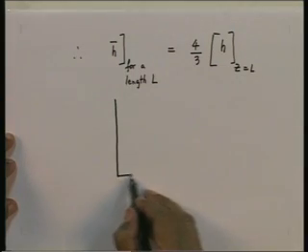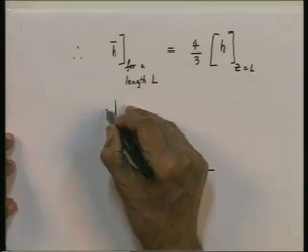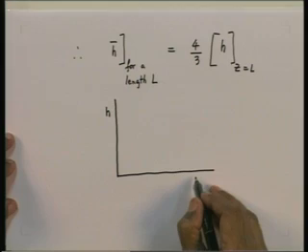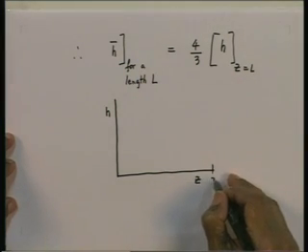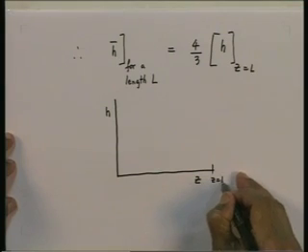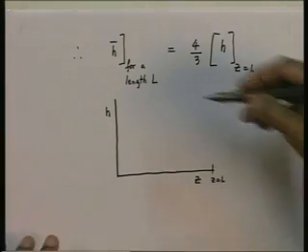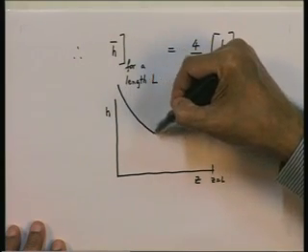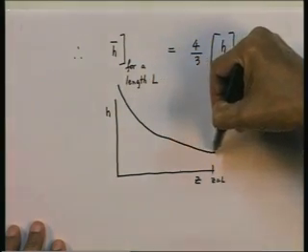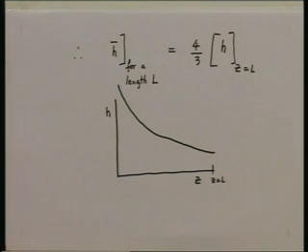Or again, if I were to plot a graph to show h against z, and let us say this point is z equal to L, and let us say the variation of h, which I have already sketched for you earlier, is something like this, proportional to z to the minus 1/4.